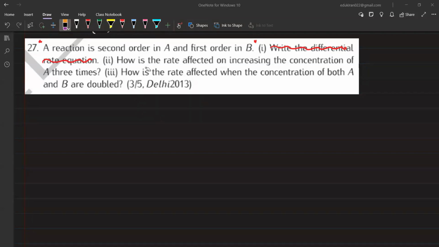First one is correct. Yes, Shahid, first one is correct.